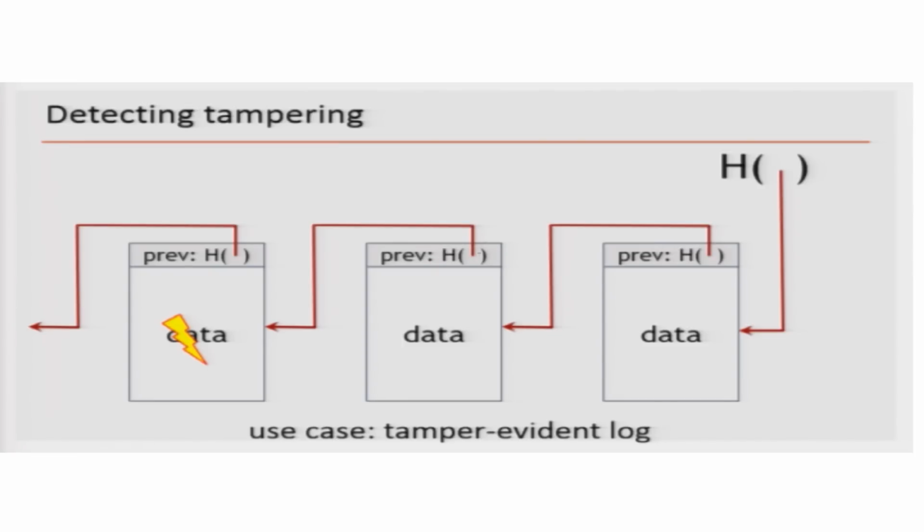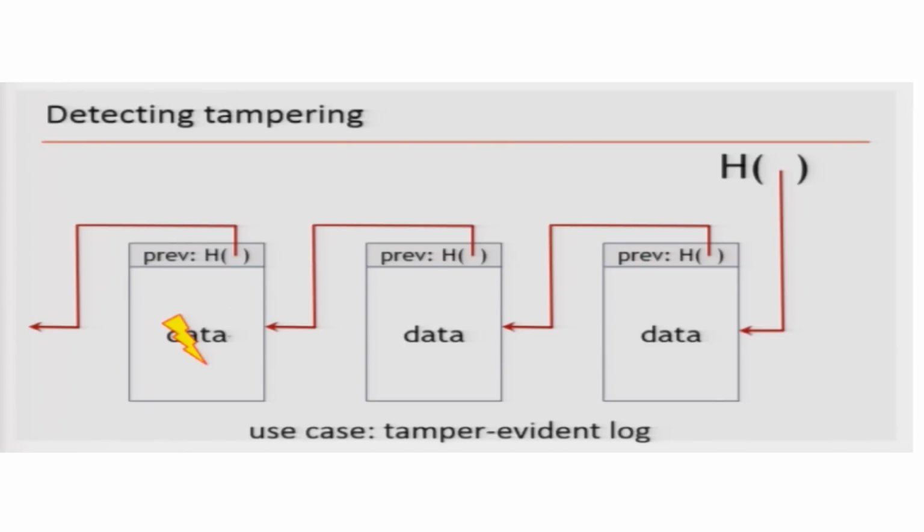Now, this pointer is actually the hash of this entire thing. If you change this data, then the hash of this entire block has to change, and it will be easily evident to somebody who is checking the hash of this against this, and if it finds that this is not matching, then this data has been tampered with.